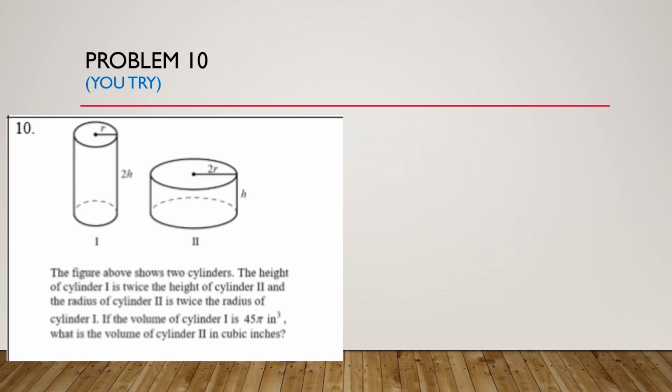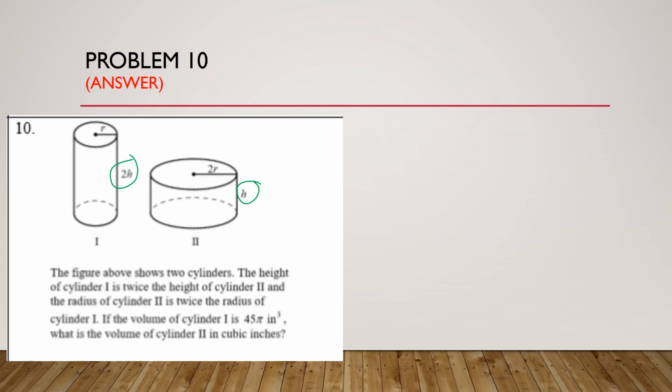Now we're going to try problem number 10. Again, if you haven't done it, pause the video, come back when you are ready. It's telling us that we have 2 cylinders. The height of cylinder 1 is twice the height of cylinder 2. So cylinder 2 is h, and cylinder 1 is 2h.